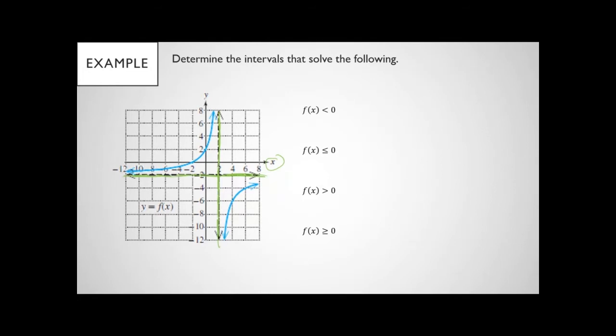So I'm going to use my highlighter to graph the parts where it's under the x-axis. And we're going to translate those to the parts of the x-axis here. I'm just flattening them out so you can see what parts of the x-axis are graphed.